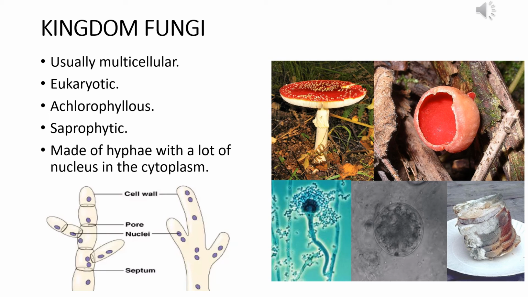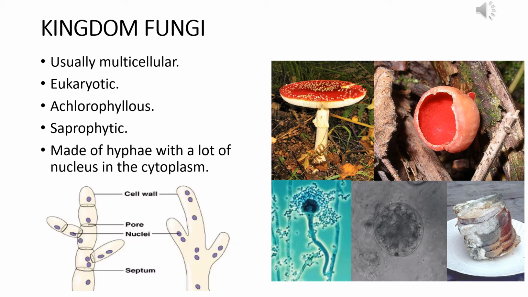Saprophytic means that the representatives of the kingdom Fungi grow on dead organic matters like the rotten leaves and rotten logs of the tree, then the human excreta or animal excreta, etc. All of these dead organic matters grow kingdom Fungi, and they absorb their nutrients from all of these dead organic matters.